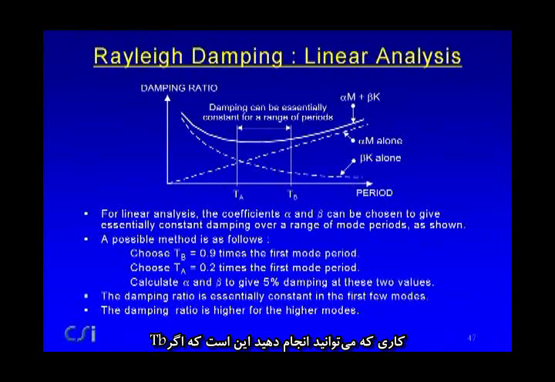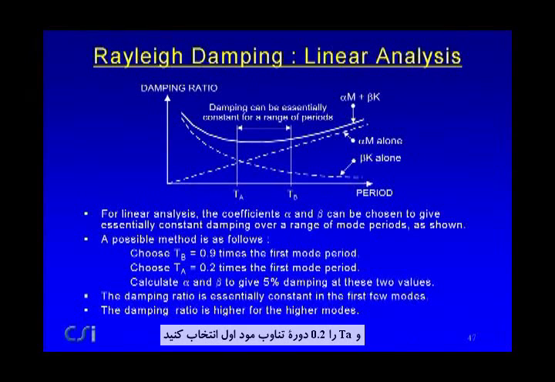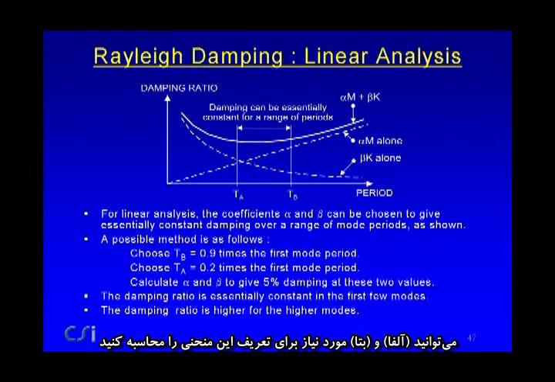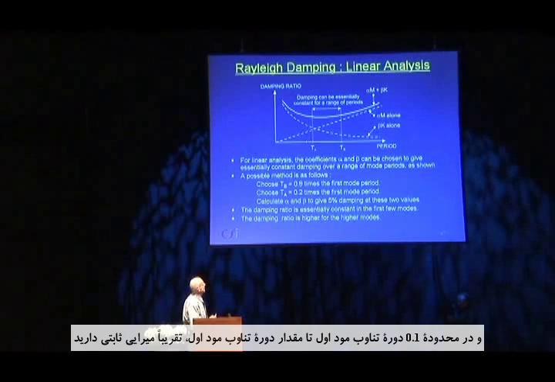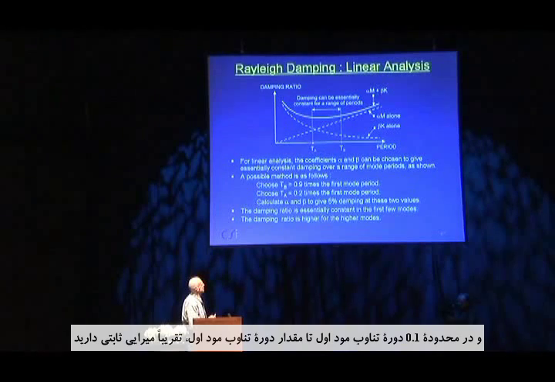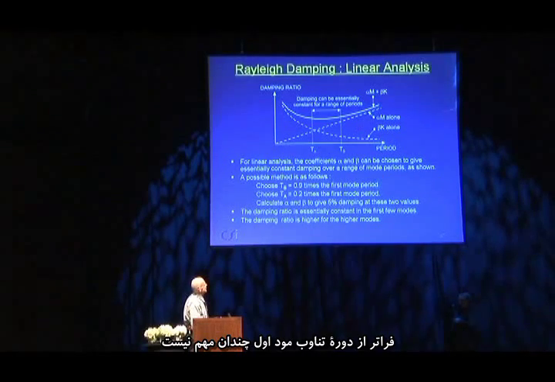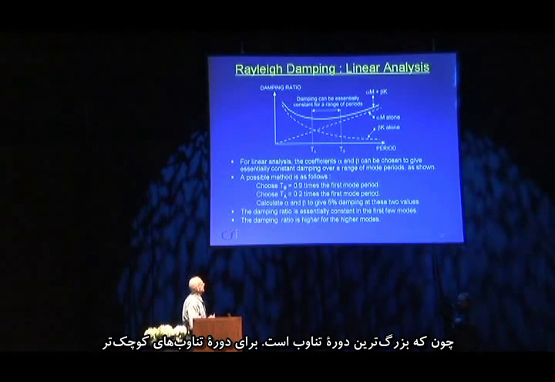If you use TB as 0.9 times the first mode period and TA as 0.2 times the first mode period, you can then calculate the required alpha and beta to give you this curve. Over a range from about 1/10 of the first mode period to 1.0 times the first mode period, you've got pretty much constant damping. Beyond the first mode period, it doesn't matter because it's the longest period.